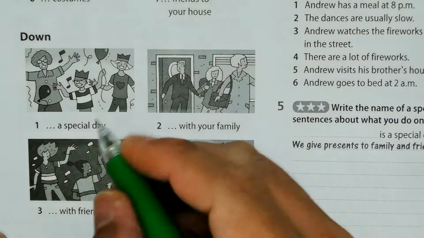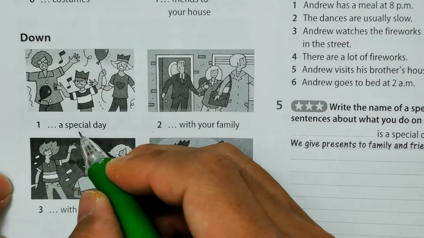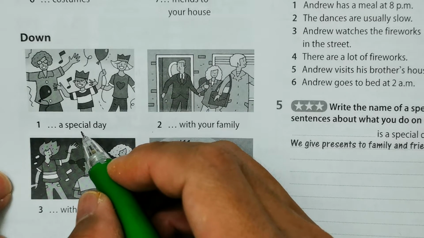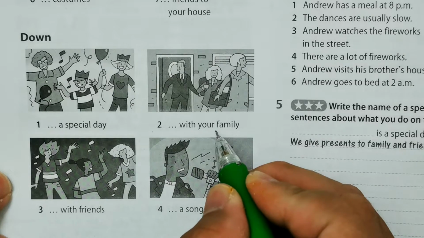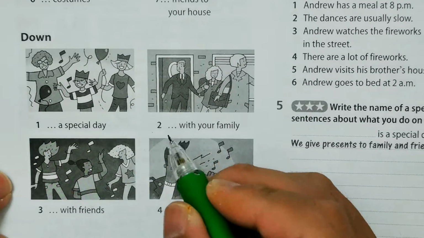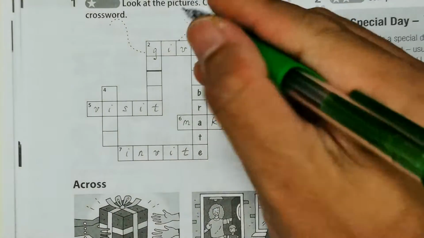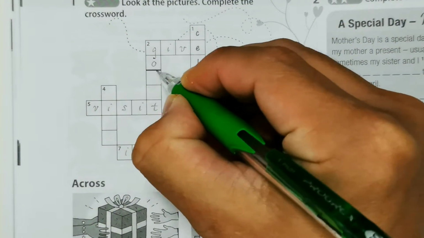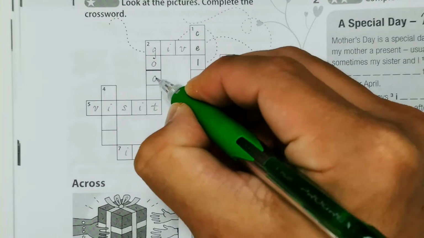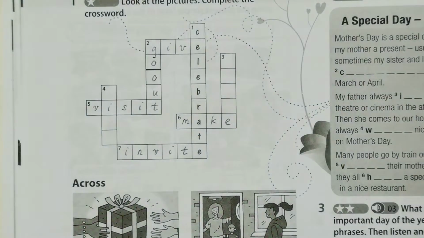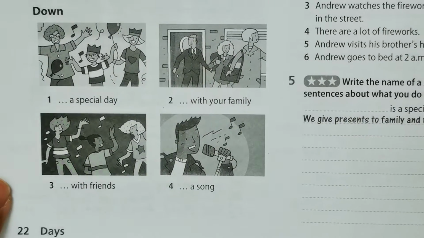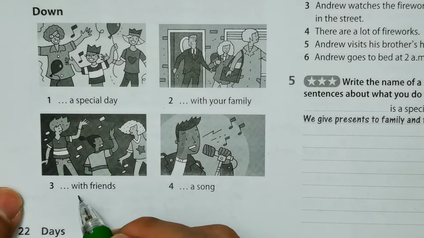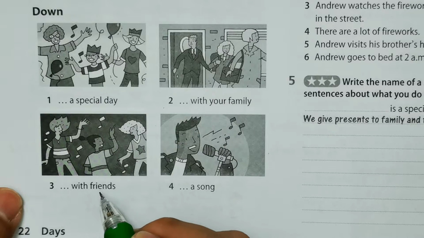Next we settle the down ones. Number 1 is celebrate, already given. Number 2, with your family. This is go out. Then number 3, with friends.